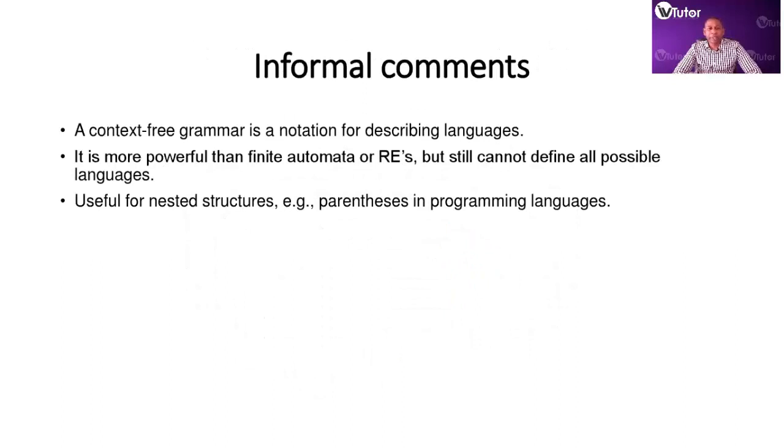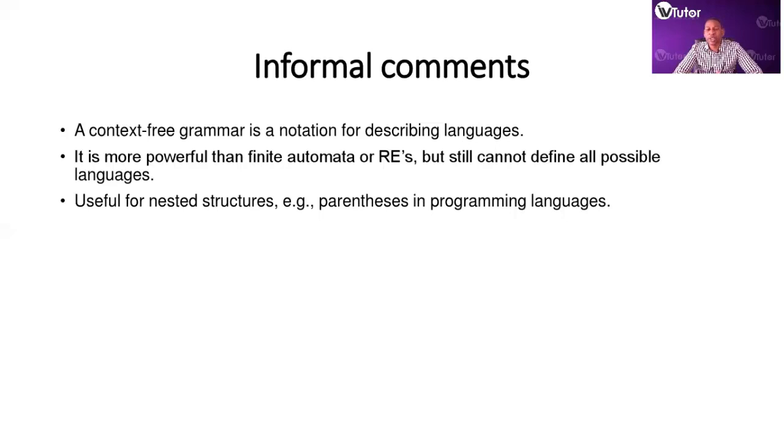A context-free grammar, right, is just a notation that is used for describing languages. Right, so it is a notation. Then we find that it is much more powerful than regular expressions, or any of the tools associated with regular languages, because it has got more languages than regular, right?